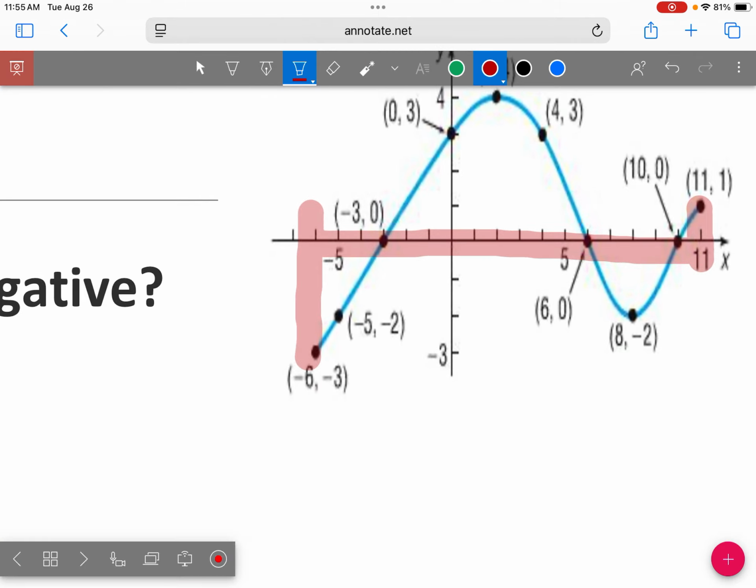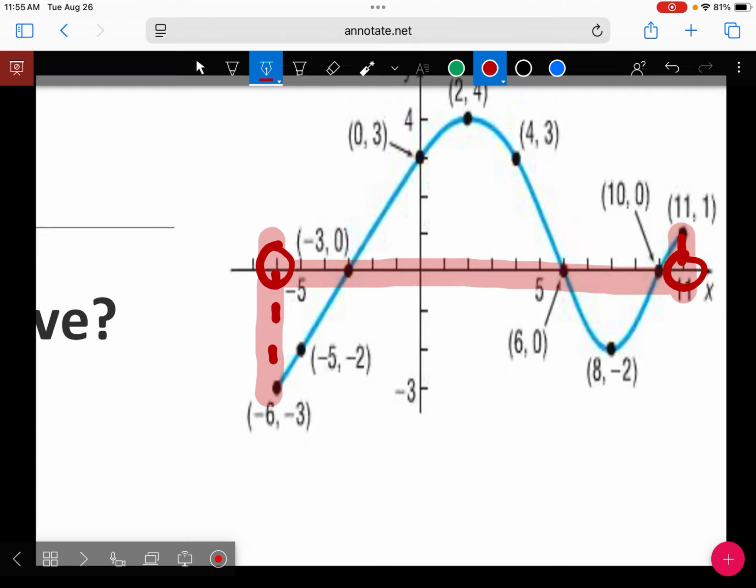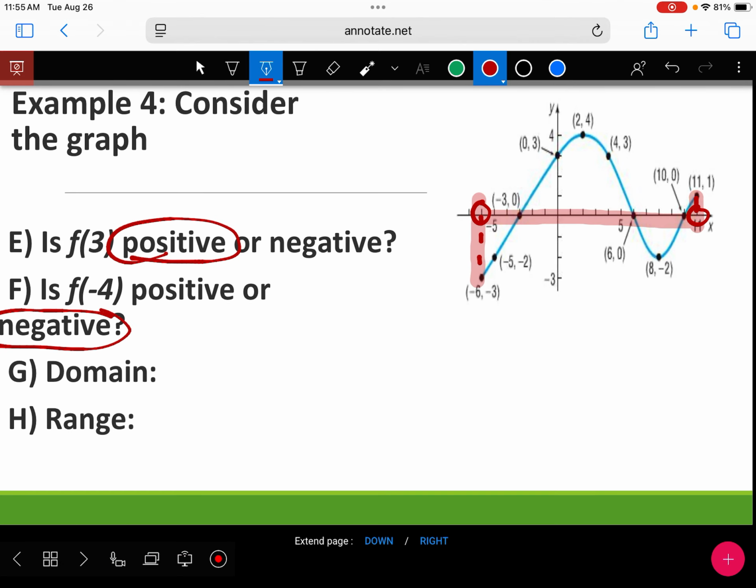So when I zoom in, it looks like my x's start here and end here. So what are my end caps? -6 to 11, and they're both closed points. So we are going to use brackets.